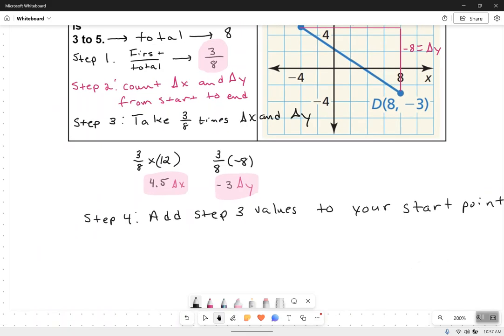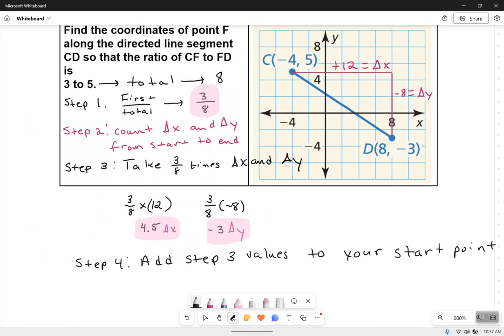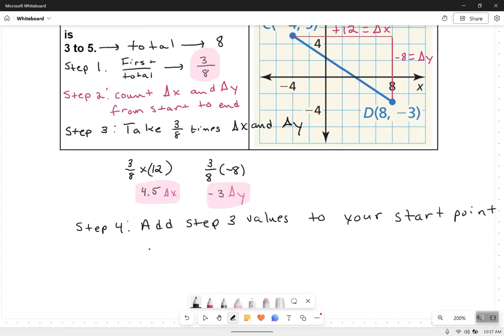Okay, so kids, it said we were on a directed line segment. Directed line segment C to what? D. Implying that we start where, friends? Okay, so let's just do that. My start point is C, which is what coordinate, kids?